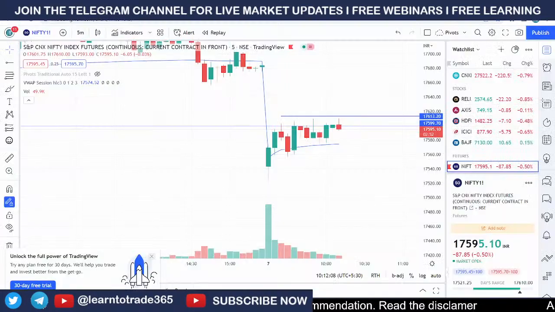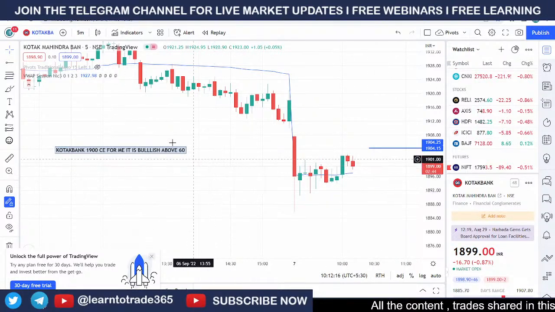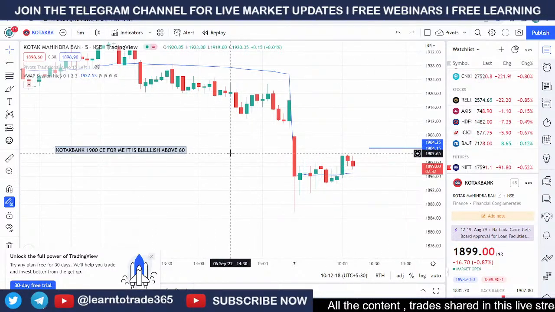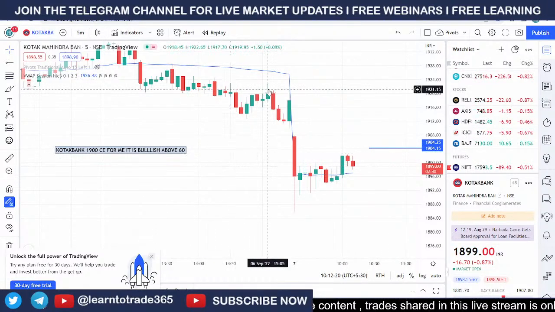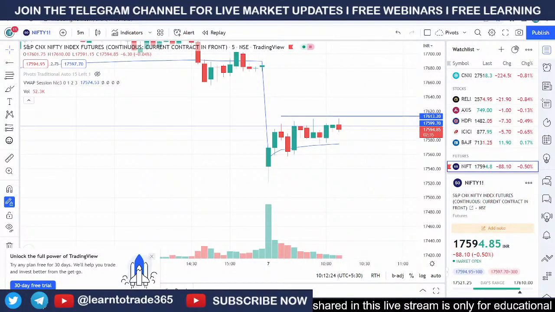Let's see Bank Nifty, whether it is crossing 17613 for a bullish trade. Kotak Bank, whether it is crossing 1904, or on the options of 1900, whether it is crossing levels. Okay, how to look at premium decay? Very good question. I will show you how to look at premium.